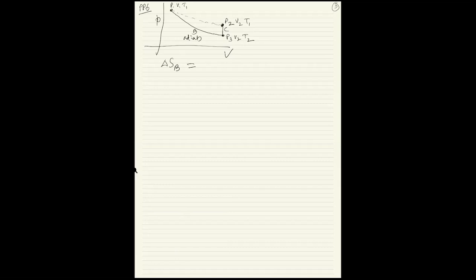It's equal to 0 since it's adiabatic. So delta S_B is 0 since delta Q_B is equal to 0. No heat is given, so the integral of delta Q_B by T is therefore also 0. C is the one that is slightly complicated, so let's work through it.